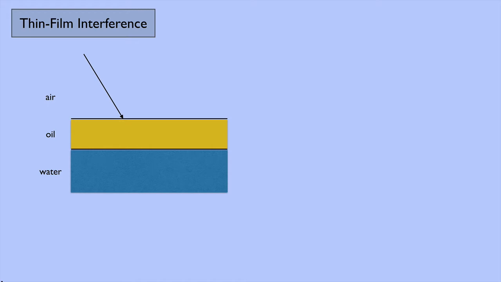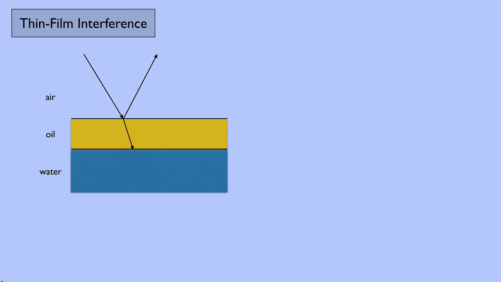Okay, so a light ray comes in, gets to the air-oil boundary, and some of it gets reflected, and we use the law of reflection here, where the angle of incidence equals the angle of reflection. And some of it gets refracted. So there's the refracted ray. And then we have an oil-water boundary.